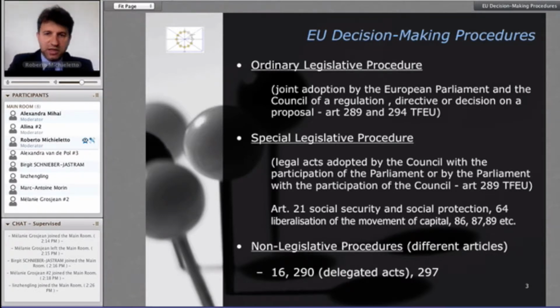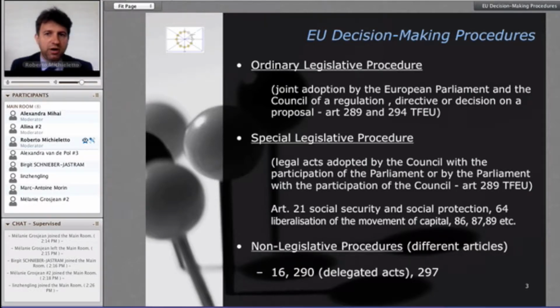Just adding something, because she said correctly that the majority of the decision-making procedures are now under the ordinary legislative procedure. But we also have special legislative procedures and non-legislative procedures. Talking about the first one, it is the adoption by the European Parliament and the Council of regulations. She explained a little bit about regulations, immediately applicable to citizens of member states.